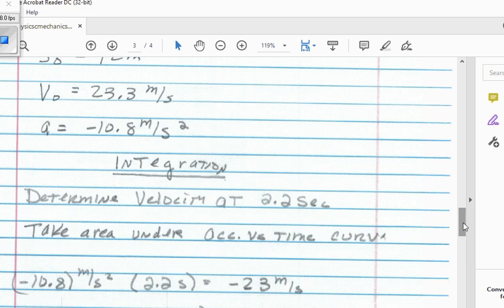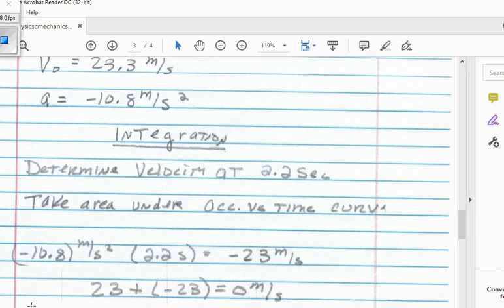We have to remember that we were going 23 meters per second initially, now plus a negative 23, because that's the change that occurs during that interval from 0 to 2.2. That gives us 0 meters per second. And that's right on target with what we saw already when we solved for when velocity was equal to 0.